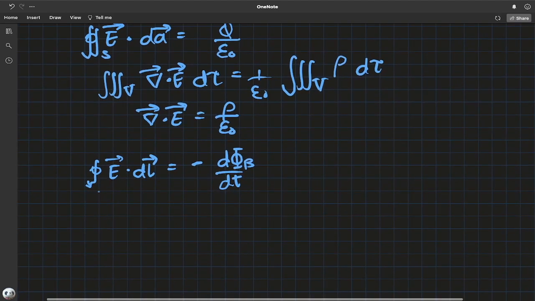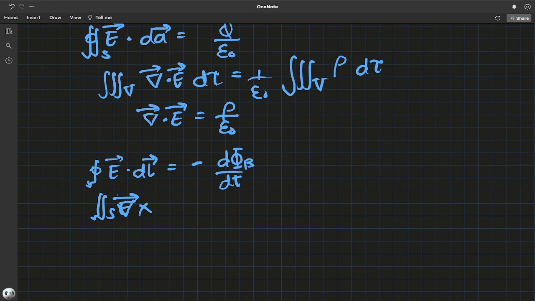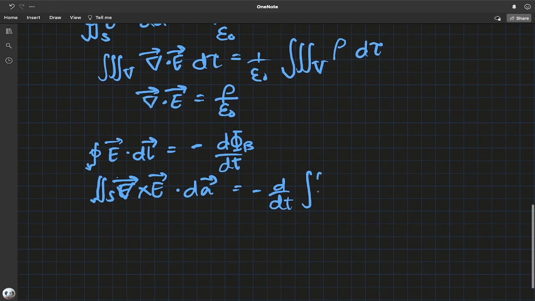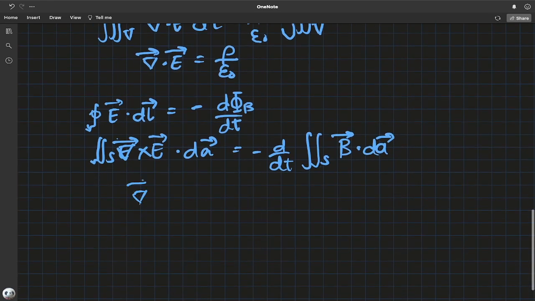Again, now we can use Stokes' theorem to convert this into some surface integral, but we will now have the curl of E dot dA being equal to, we can represent the magnetic flux as again some surface area integral. This is the definition of the magnetic flux, and since the surface area is arbitrary, you get this differential form.